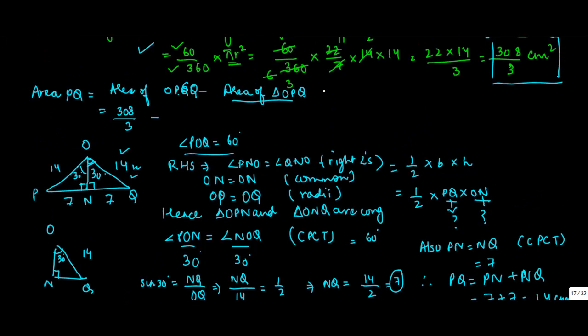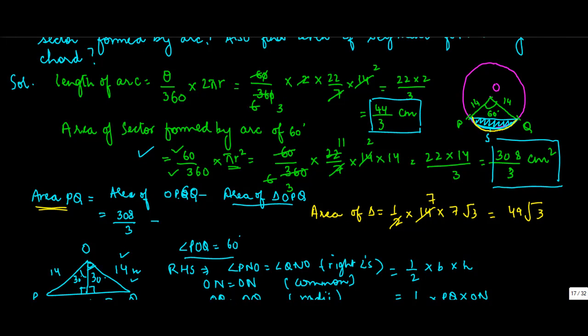Now what's the area of the triangle? Area of triangle is equal to half into base. Base is PQ, which we've computed as 14, into height, which is ON, which is 7 root 3. So 49 root 3.